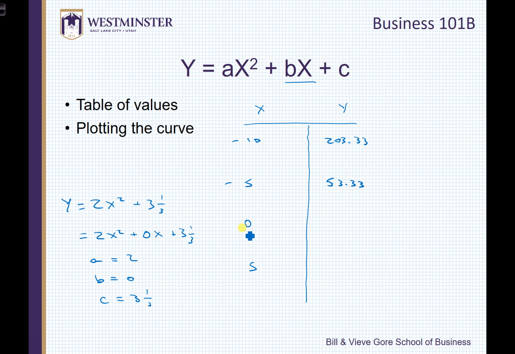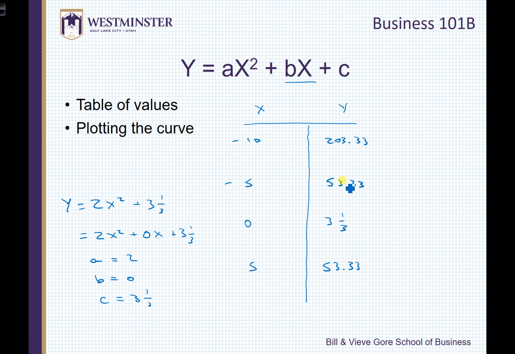And then if we simply have 0 for x, that makes it fairly easy. We end up with 3 1/3 because 2 times 0 squared is simply going to be 0, and then we're going to have 3 1/3. And then if we have a value of 5, we'll once again be at 53 1/3.